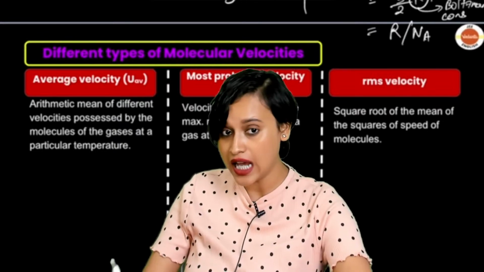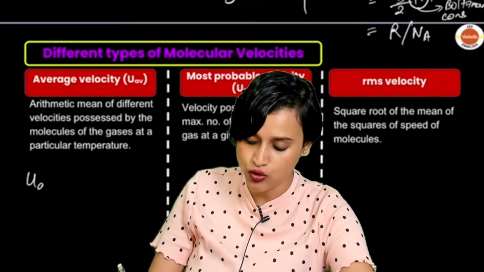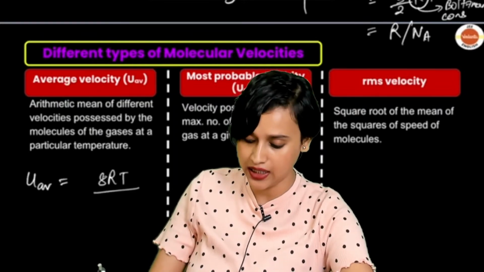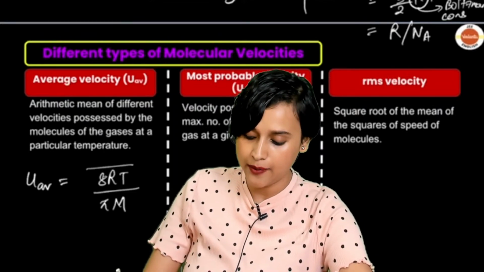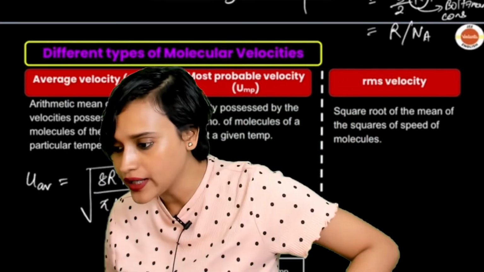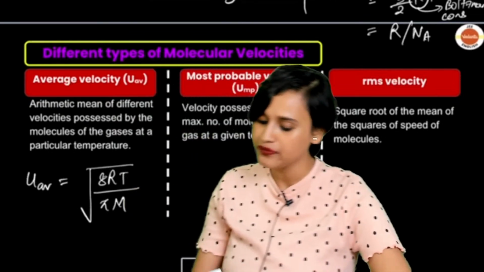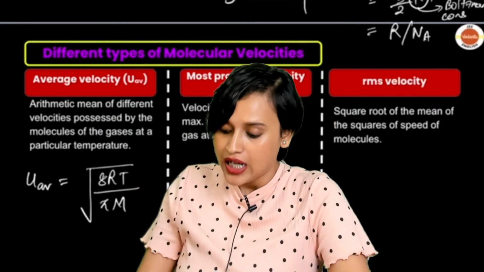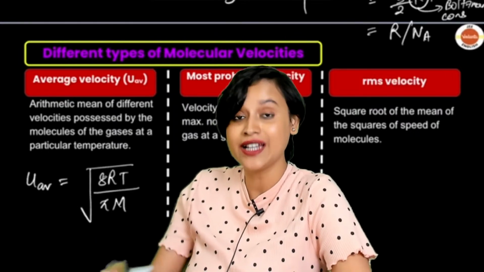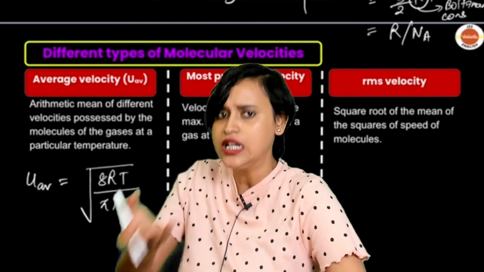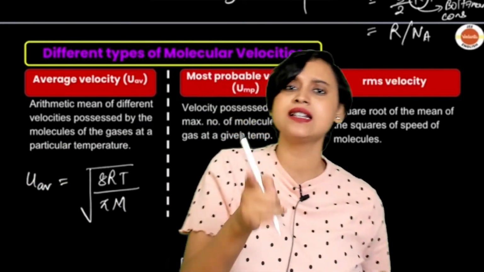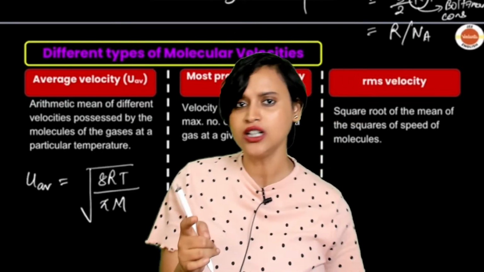Now, how do you write average velocity? You write it as U AV is equal to root over 8 RT divided by pi m. Now, what is most probable velocity? Most probable velocity is the velocity possessed by the maximum number of molecules. Like I told you with the 7 molecules that were there, whatever is their speed, I will say that is probably the speed of the molecules.